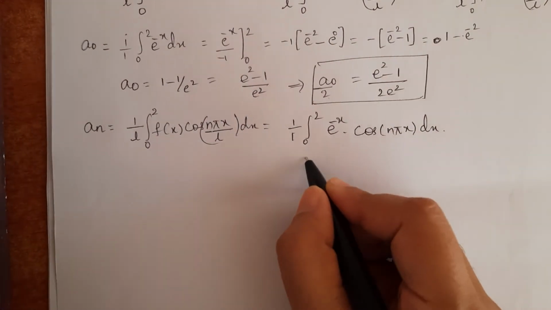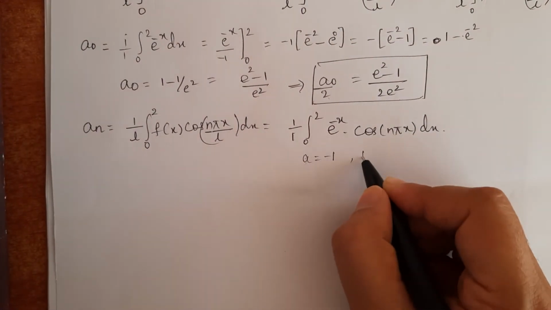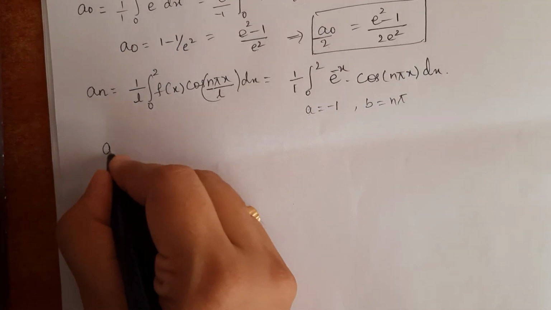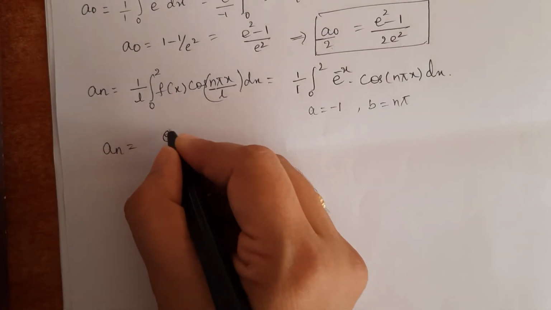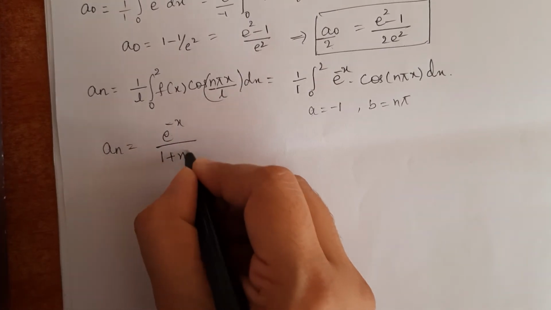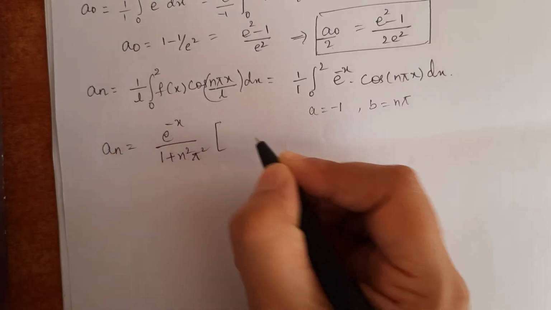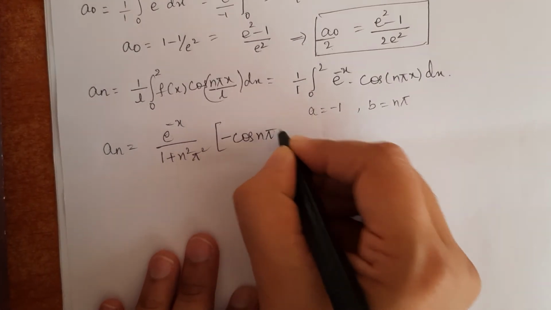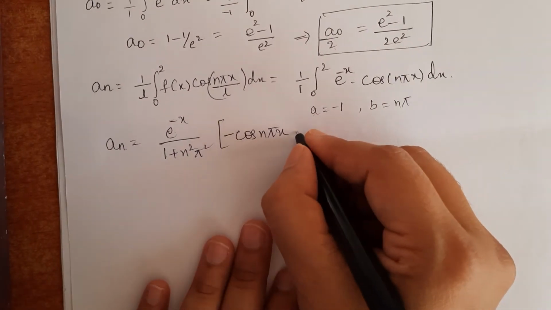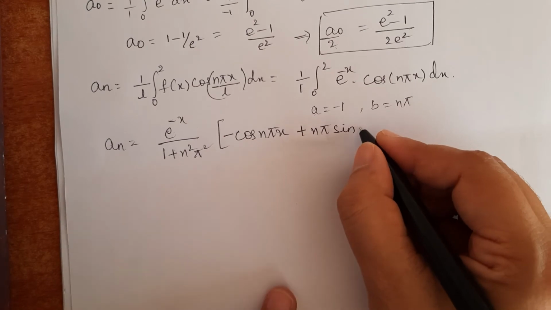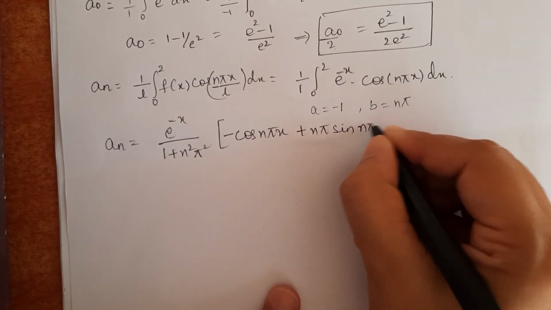Here in place of a I have minus 1 and in place of b I have n pi. By using the formula, I will substitute e power minus x divided by a square plus b square into a cos bx, minus 1 cos n pi x, plus b sin n pi x.